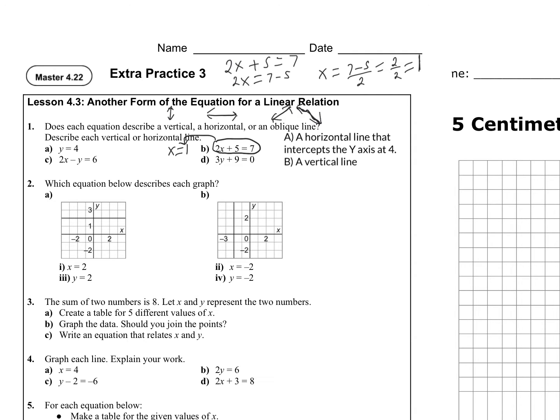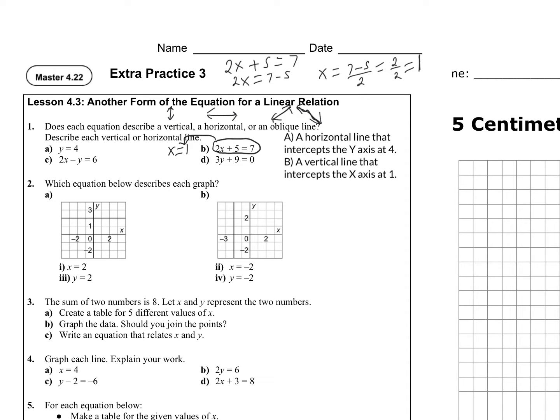Whenever I have just an x coordinate and there's no y, I have a vertical line, and since I've worked out that x equals 1, it's a vertical line that intercepts the x-axis at 1. So there's A and B done for us.